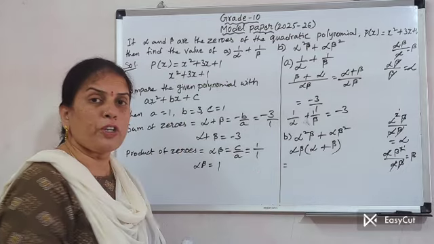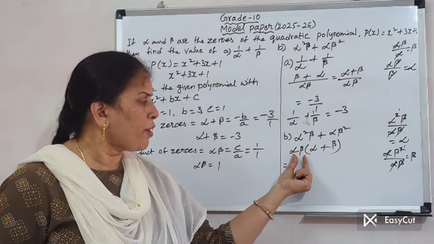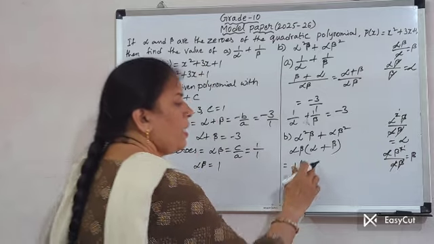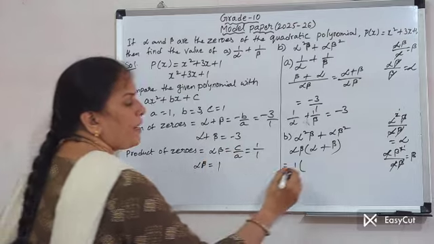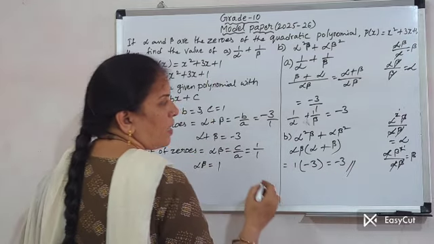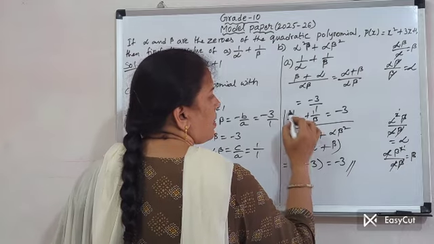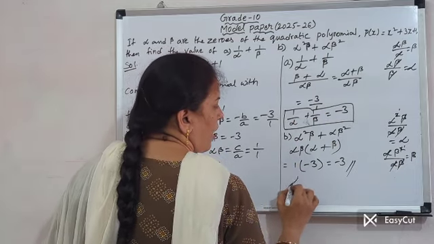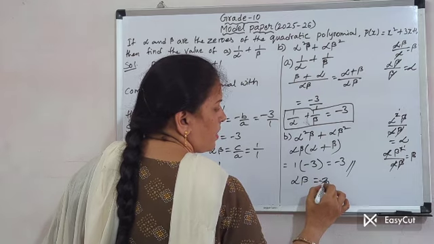Now, substitute the values. Alpha beta is 1, into alpha plus beta, which is minus 3. 1 into minus 3 is minus 3. These are the values.